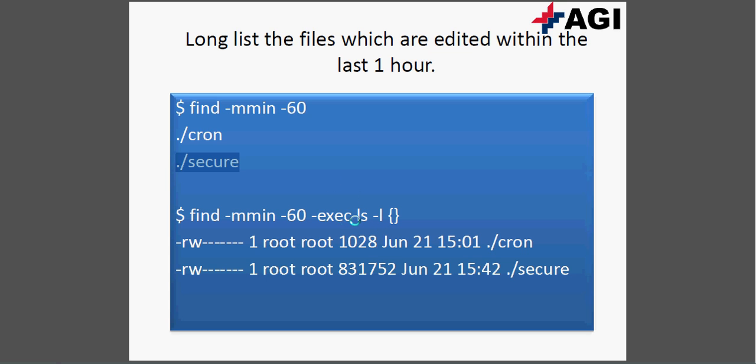So for that I use the exec command, where the output from find is taken by exec, and I then use ls -l to get the full details for the files.